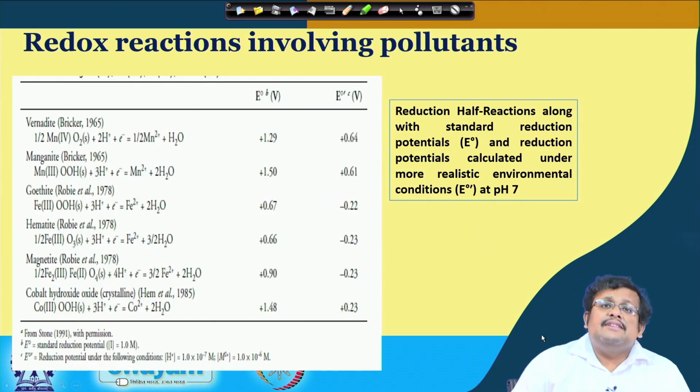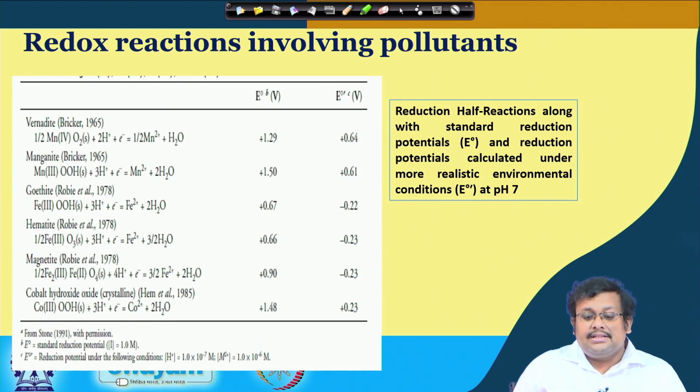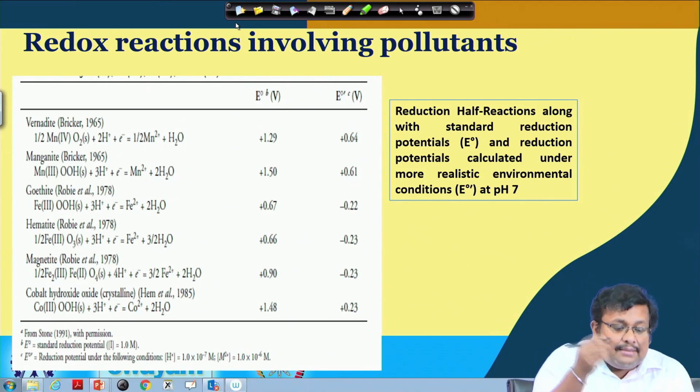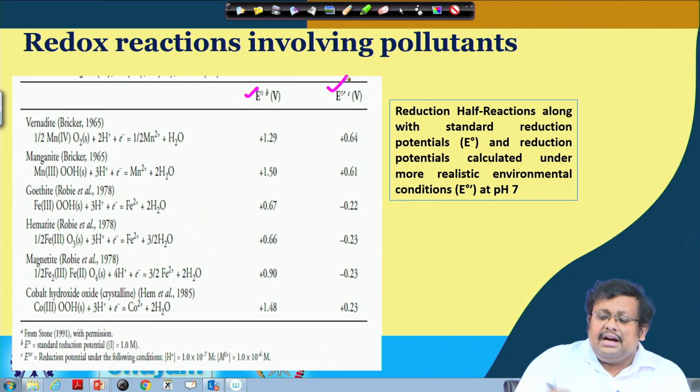Now, let us see different redox reactions involving pollutants. In this table you can see the reduction half reaction along with the reduction potential and also the more realistic reduction potential under environmental condition at pH 7.